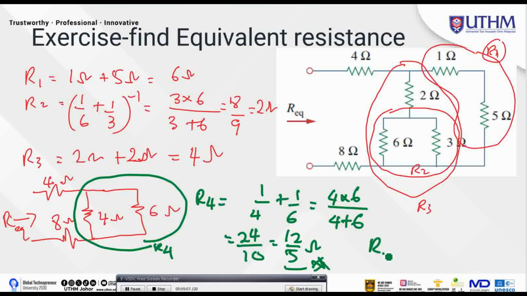So R equivalent is equal to the 4 ohm resistor plus 12 over 5 ohm, plus the 8 ohm. So 4 plus 8 is 12, and 12 plus 2.4 is 14.4. So we have 14.4 ohms.